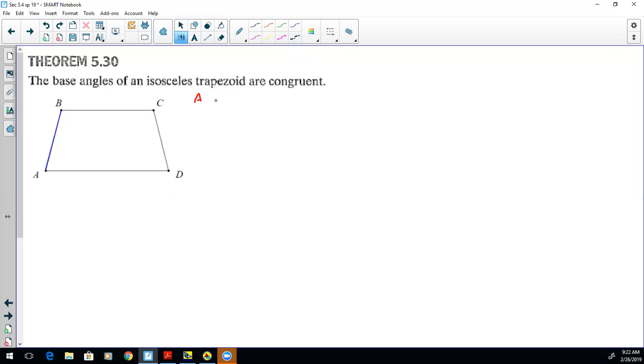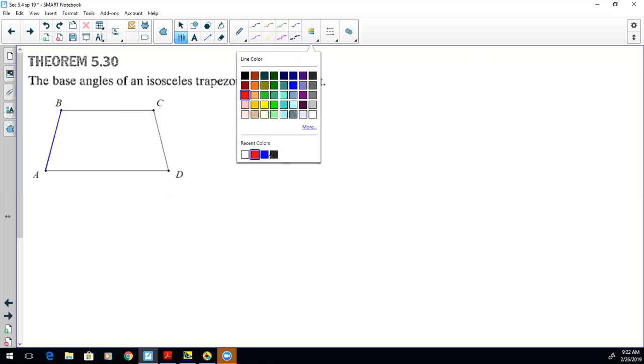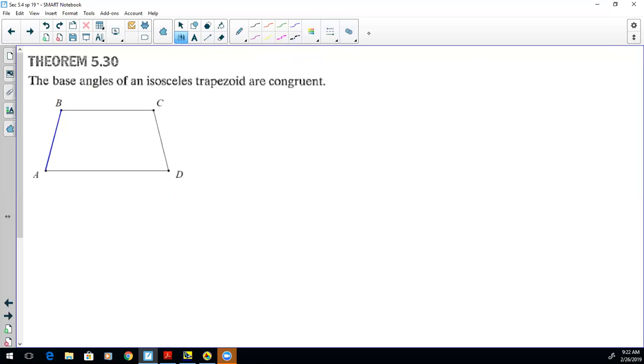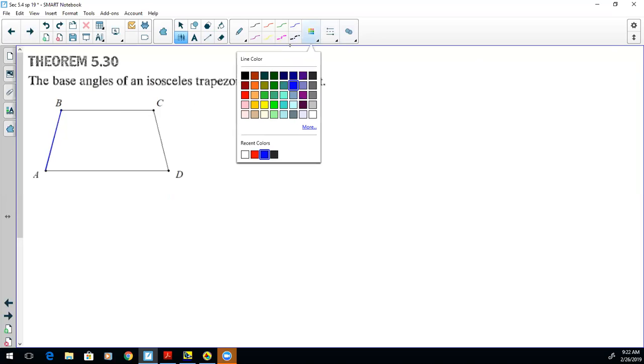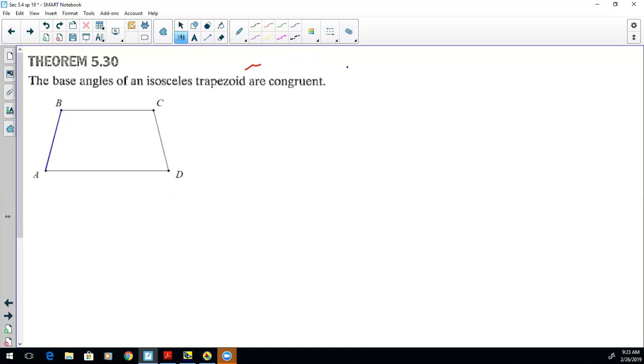So A, B, C, D, oh, let's do blue. Don't want red. Blue, please. Okay. All right, so A, B, C, D is going to be an isosceles trapezoid.